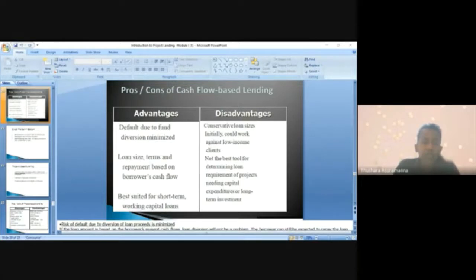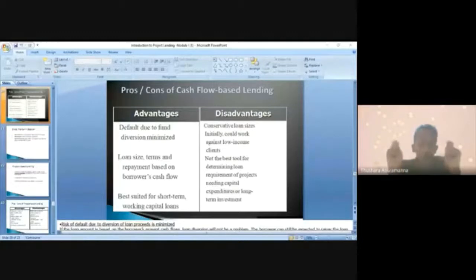Not the best tool for determining loan requirements of projects needing capital expenditure or long-term investment. Again, a very good point. Say you are working, and now you think it is enough to do a job under somebody else, and you want to go and start your business. You have some capital saved from your current job. I get a loan for this project proposal.